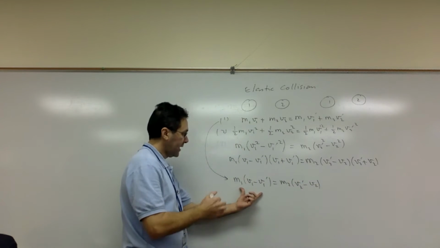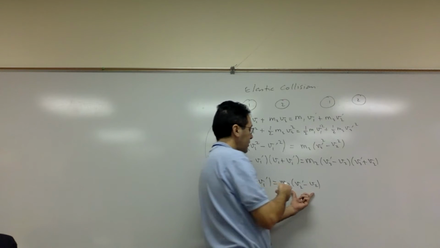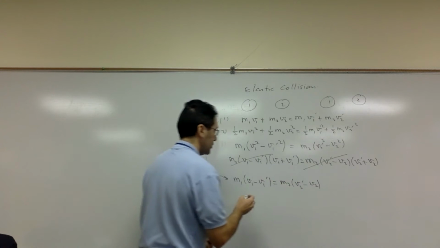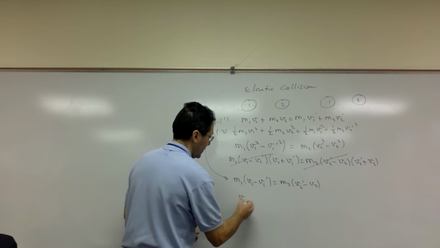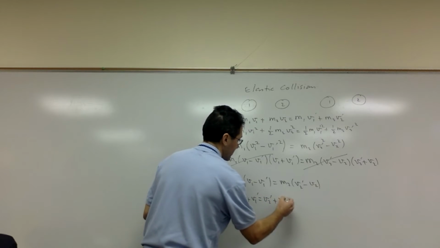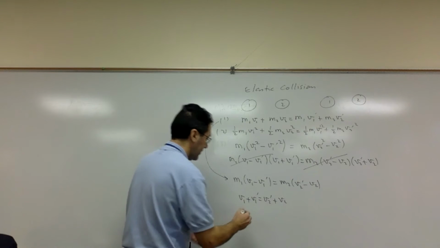Now I can see that I have this term on the left, I have it right here, and the term on the right, I have it right there. So I can pretty much cross this out. So what's left? v1 plus v1 prime equals v2 prime plus v2. So I'm going to put the terms before the collision together and the terms after the collision together.